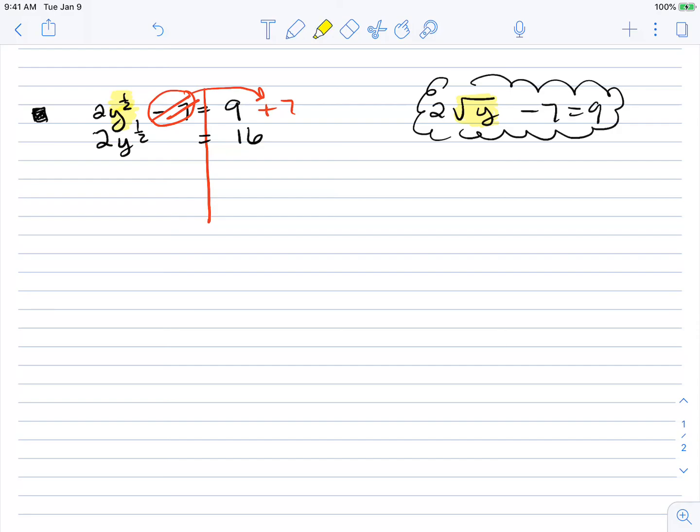I still want to get this part alone, and the math between the 2 and the y to the 1/2 is a dot because there's no sign there. And I'm going to divide by 2 on both sides, and I get y to the 1/2 equals 8. I'm going to rewrite that. It doesn't quite look like it's a power, so to the 1/2.